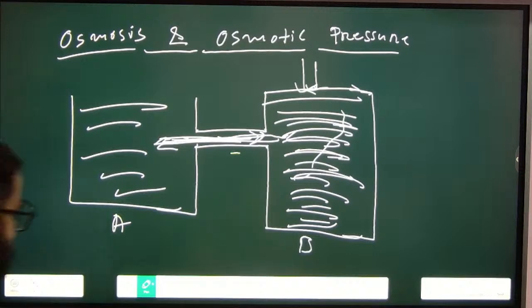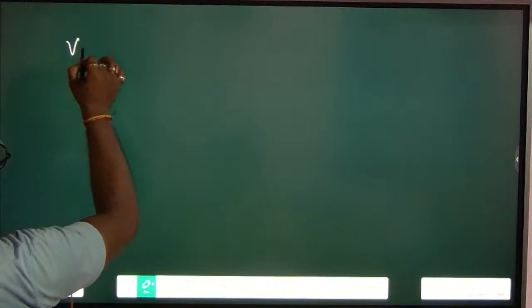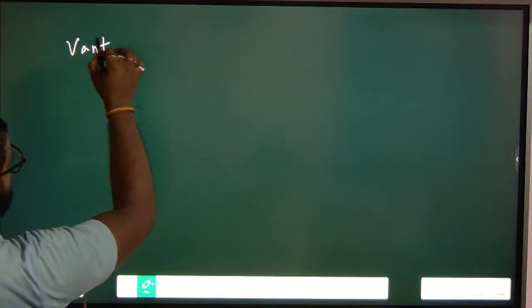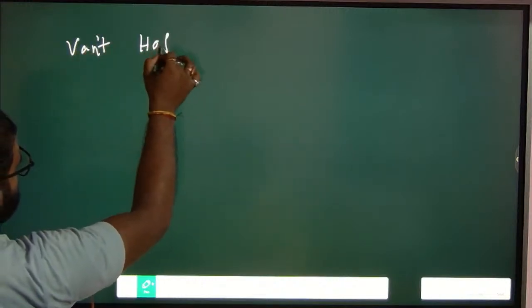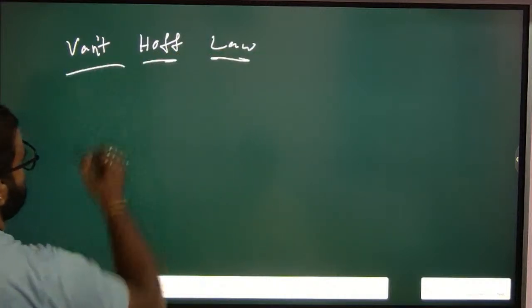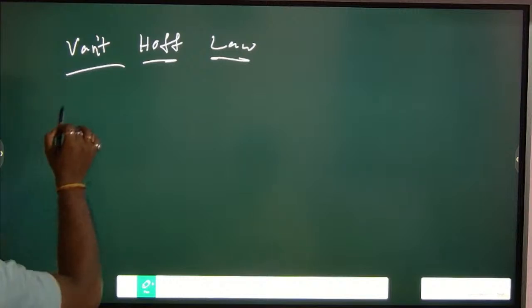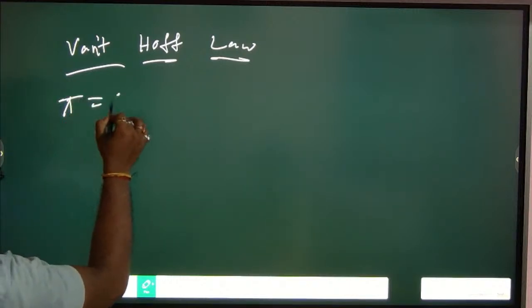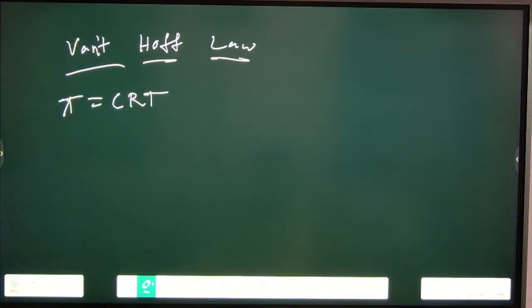And today's last topic, Van't Hoff equation, which states that pi equals CRT. What is pi?